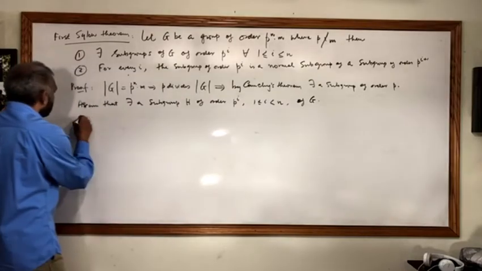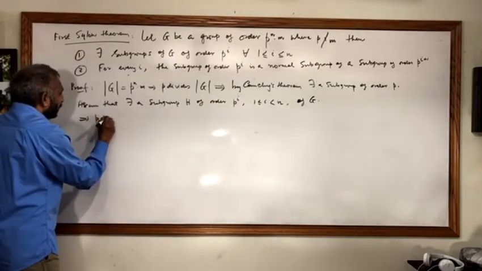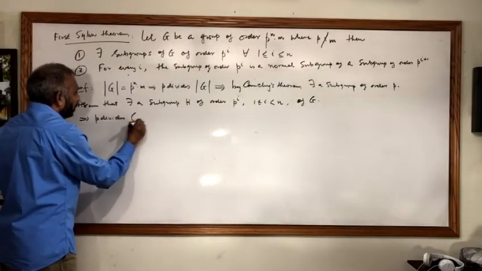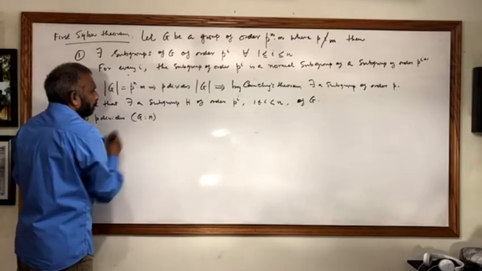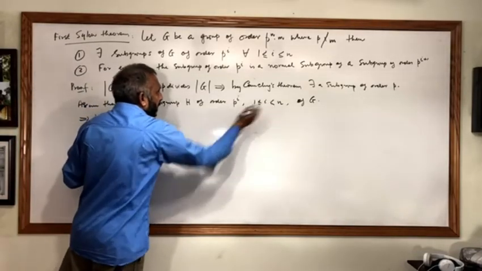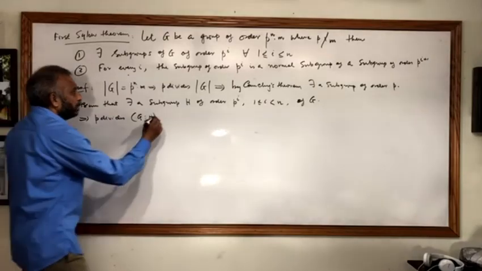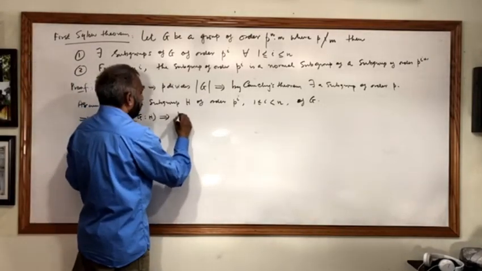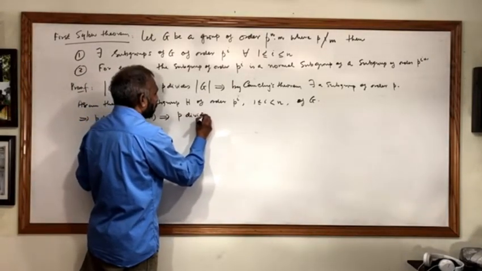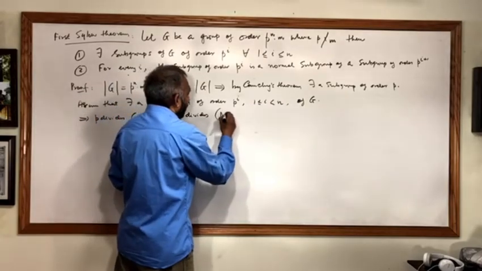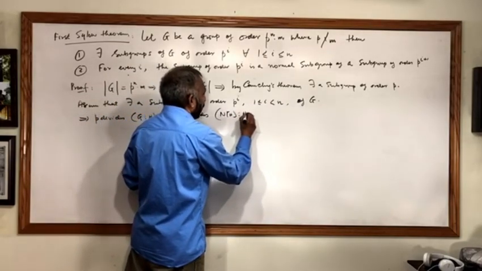And that implies p divides the index of H in G, because i is strictly less than n. And that implies p divides the index of H in N of H, the normalizer.